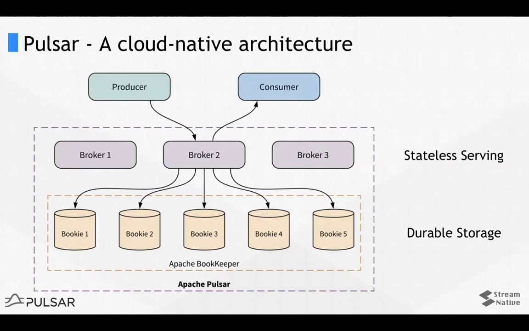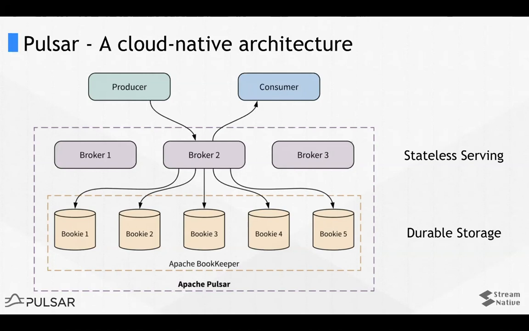In Pulsar, we move the message storage out of the broker and use a scalable storage layer to keep the messaging data. The benefit of this multi-layer design is that the broker becomes stateless. That means you don't actually store the data on the disk of brokers, so you can easily use any container technology to containerize the serving layer.